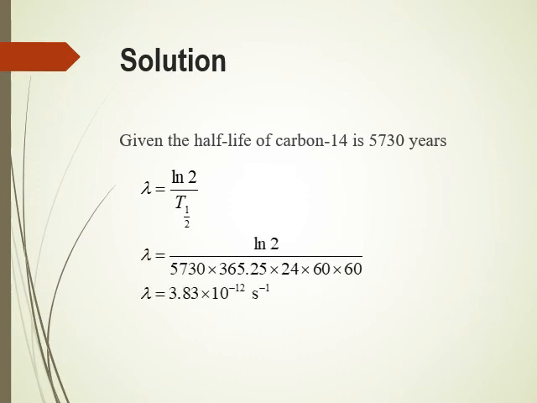Therefore, I have half-life equal to 5,730 times 365.25, that is the number of days in 1 year, times 24 hours in a day, times 60 minutes in 1 hour, times 60 seconds in 1 minute. So lambda is then equal to 3.83 times 10 to the power of negative 12 per second.